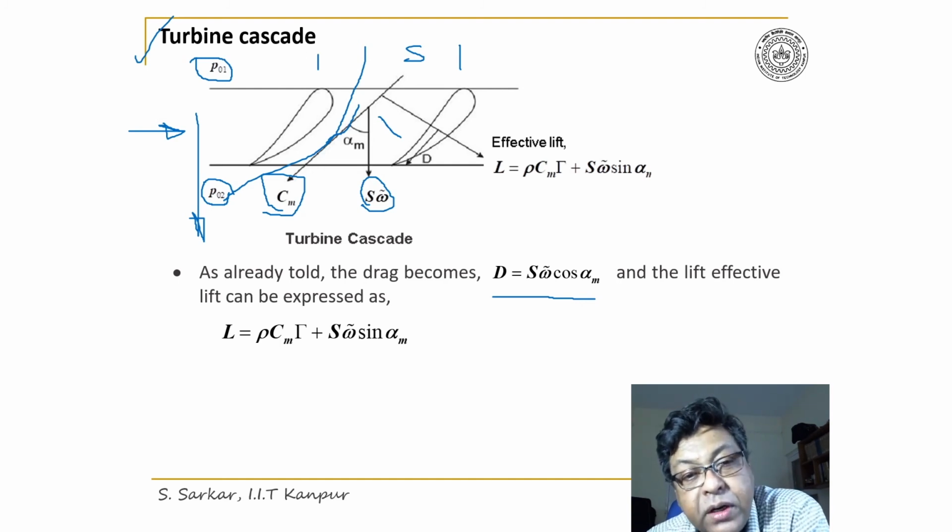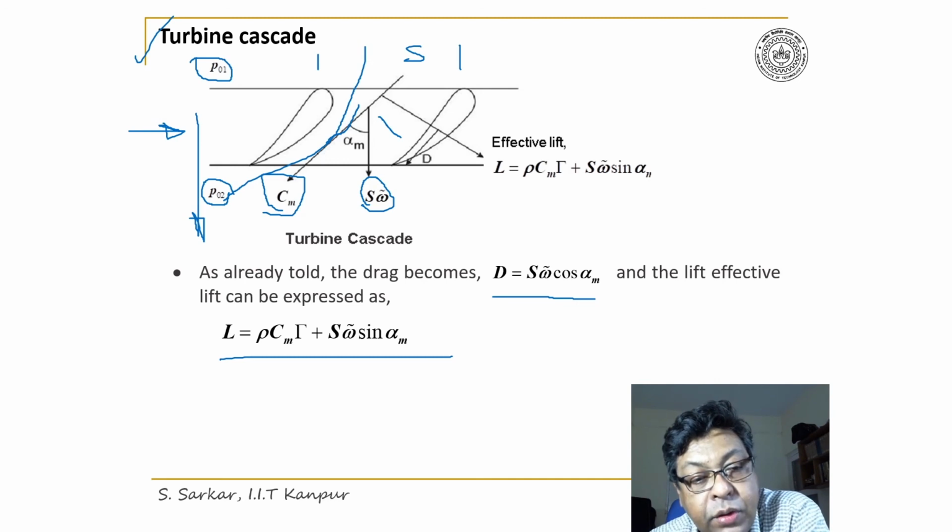And the perpendicular component of S into omega tilde will increase the lift. So actual lift here would be rho Cm into gamma plus S into omega tilde into sin alpha m. So look here, because of viscous effect, the lift has increased in the case of a turbine cascade.